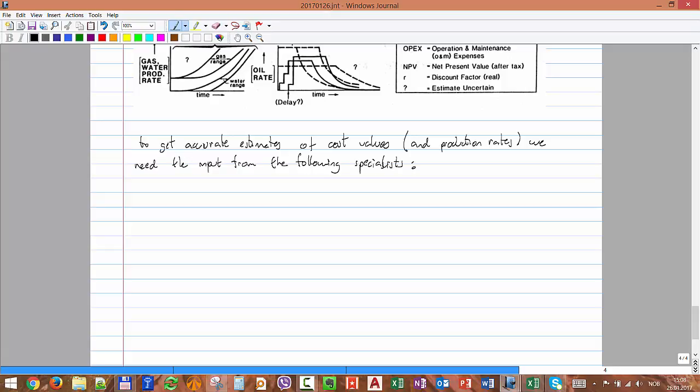Okay, so we need first a petroleum engineer. Okay, that is the one in charge of the reserves. Okay, is in charge of the location of the well and number of wells.